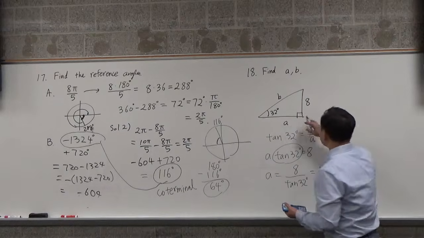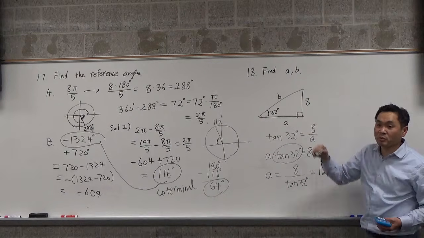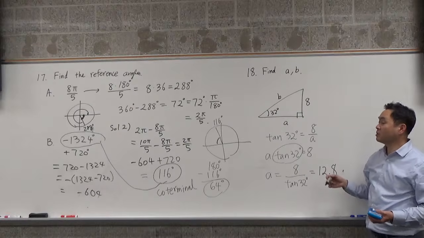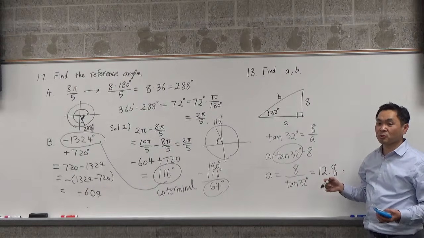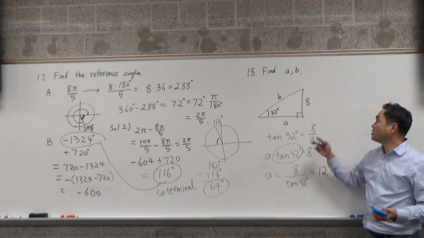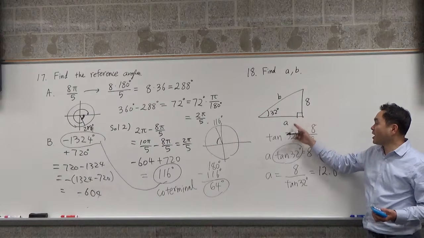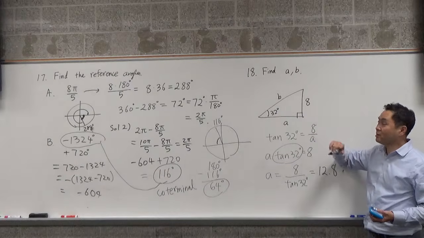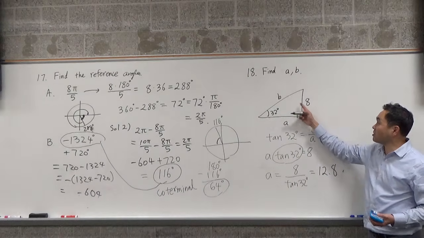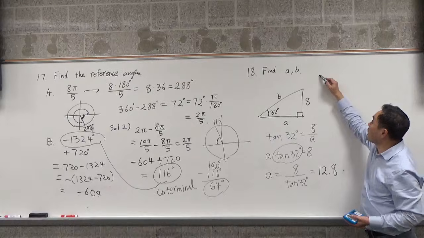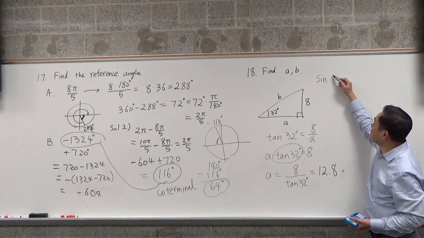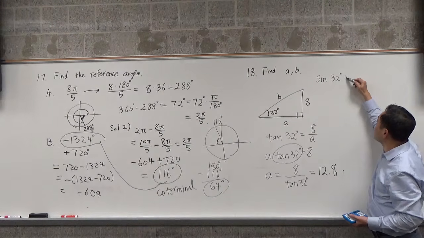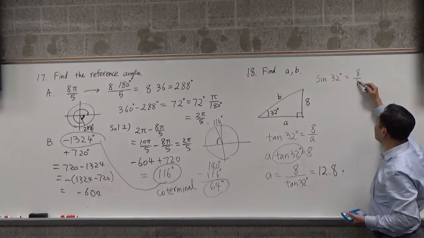Now, what about b? To get b, what should you use? Sine or cosine? Which one? Well, it's easier to use 8. I could use this A that we just figured out, but it's easier to use 8. Okay? So this is opposite, and this is hypotenuse, so sine is more appropriate. Sine 32 degrees is equal to 8 divided by b.